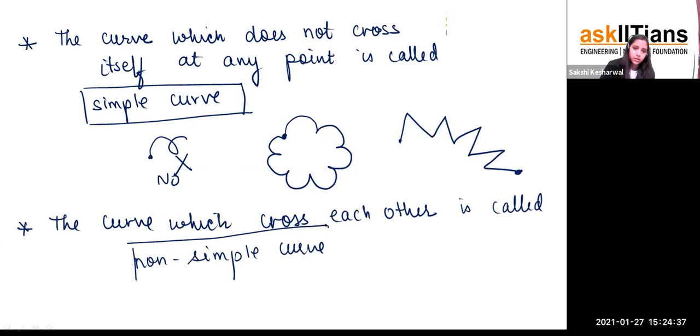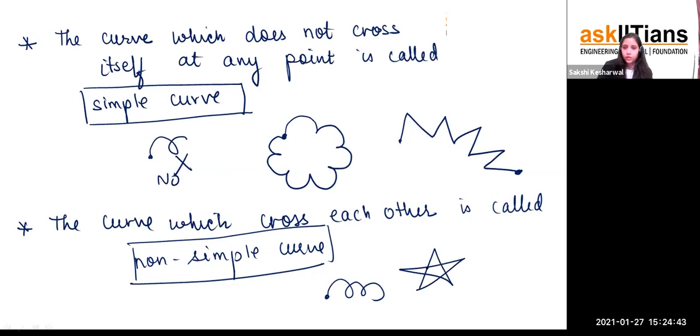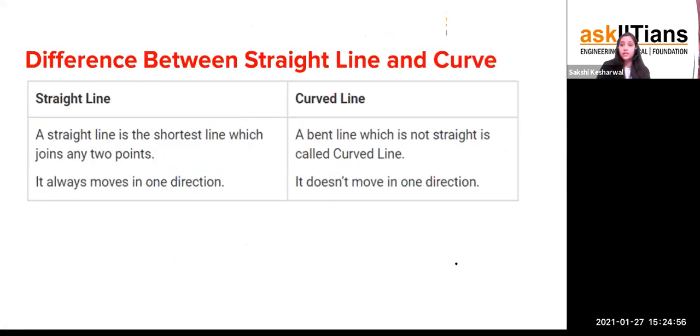Yes, non-simple curve like this. If I just draw the figure like this, and I made a star like this, what is it? It's crossing each other. Yes or no? They're crossing, so they are not said to be what? A simple curve, right?